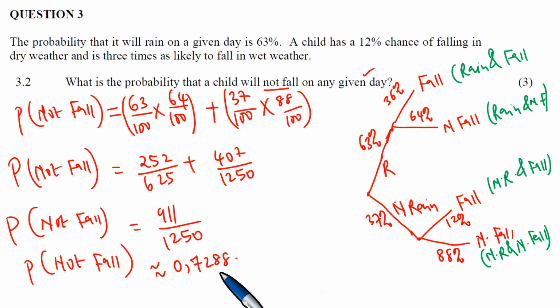Right, so we have this. What is the probability that the child will not fall on any given day? The probability is 0.7288. So just look at that and think about it. One more question on the probability.